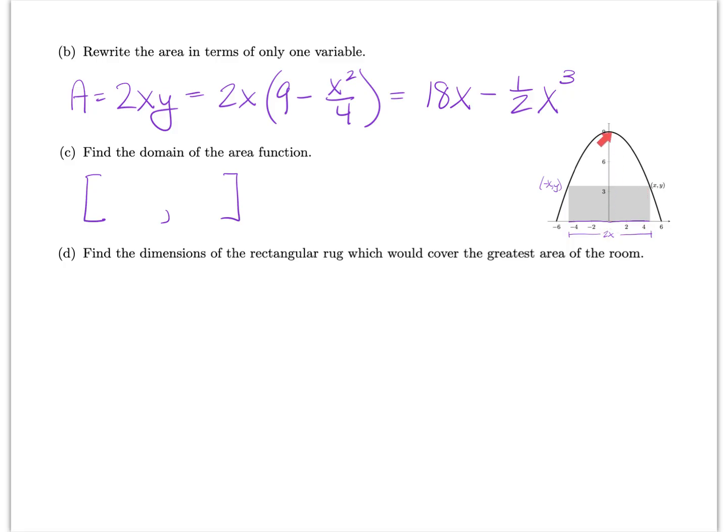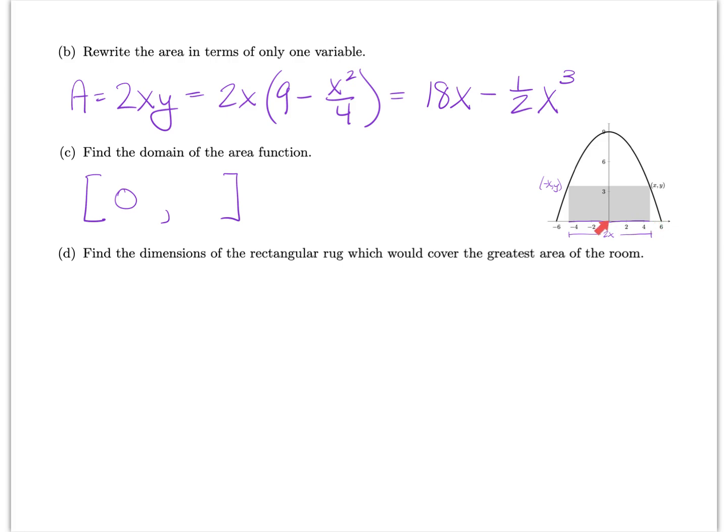So the smallest it could be would be 0. You don't move at all from x equals 0, you just go up to the curve here. You're going to have an area of 0 because you have no width, but technically the smallest x can be is 0. And then the largest x could be is 6. That's as far over as you can go.